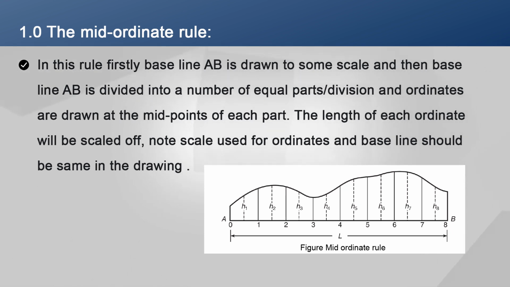The length of each ordinate will be scaled off using the same scale AB has been drawn. You can see this figure. Note that an ordinate is also known as an offset, and an offset is the perpendicular distance from the survey line to the boundary line.